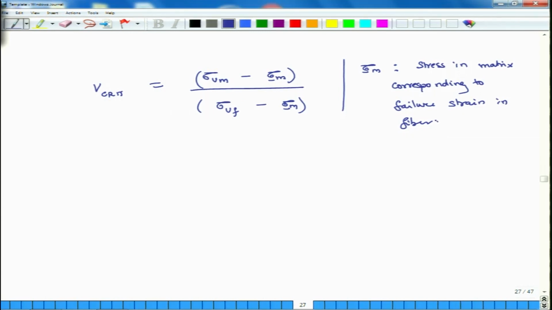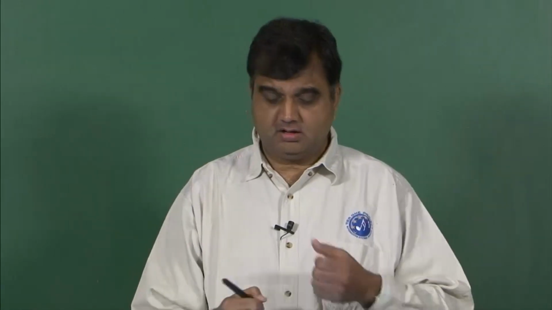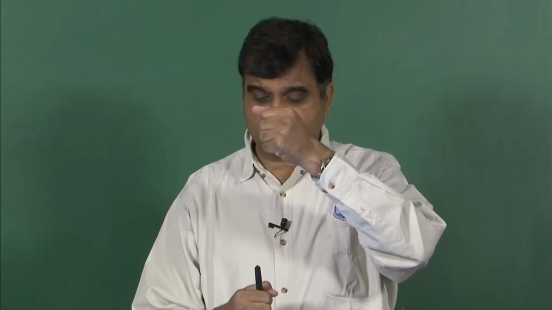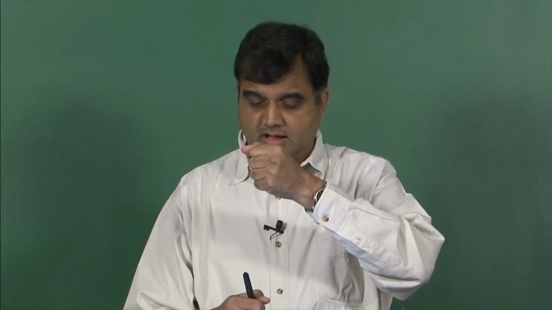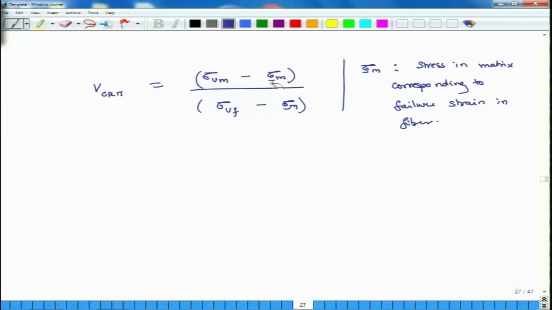What does this mean in plain English? Suppose the fiber fails at 1% strain. So, what will be the value of sigma m underbar? You pull a piece of pure matrix material and subject it to 1% strain and monitor the stress level. That stress is sigma m underbar. Okay. So, that is there.